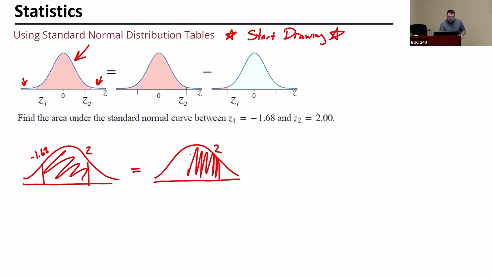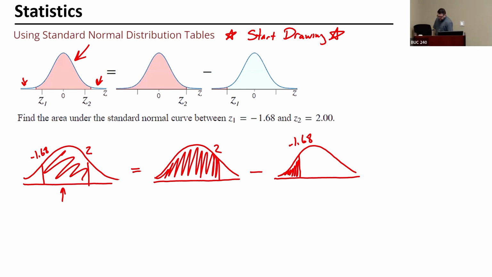And I can take the area of all of that right there. But then I can do what? Subtract off this part right here of this negative 1.68. That's going to give me some other area. I can subtract off that. And that's going to give me that area right there.